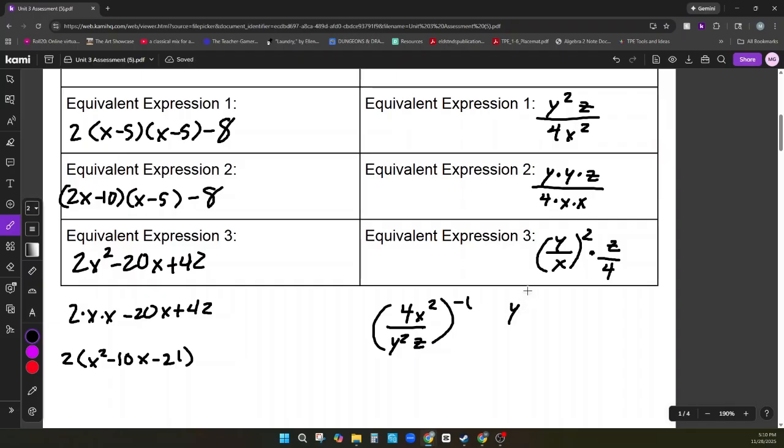So if we had y to the fifth all over y to the third times x to the seventh, x to the fifth, just again, knowing that these cancel and you would still have x squared and y squared. And let's say that we had z to the third all over z squared all over 4. Let's not mess with that 4. But again, if we cancel this, that's going to be y squared. That's going to be x squared on the bottom and z on the top, and we're left with 4.